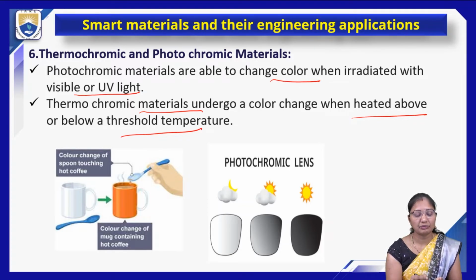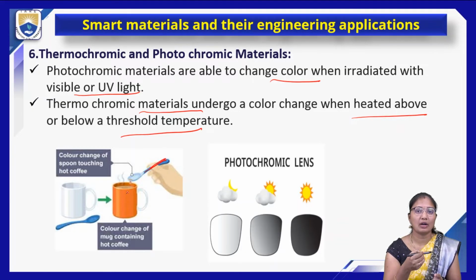The best example is the color change of a spoon touching hot coffee, because of the heat. The spoon is made of a smart material, specially called thermochromic material.